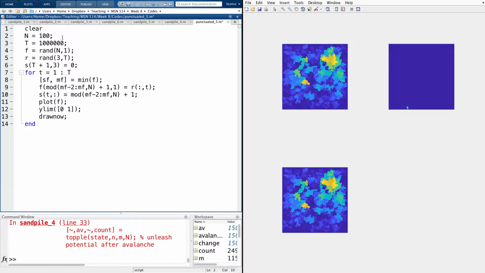So the number of species, the number of evolutionary epochs, this is the initial fitness. These are the 3 random numbers that you need for each epoch. You need them, right? And what is this?